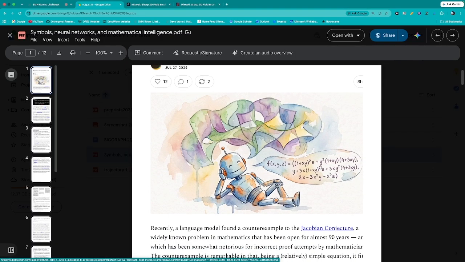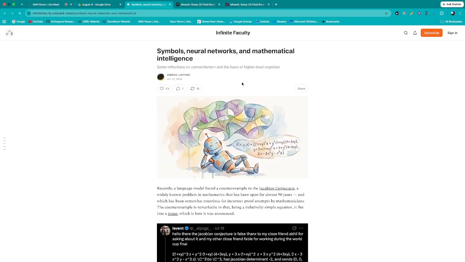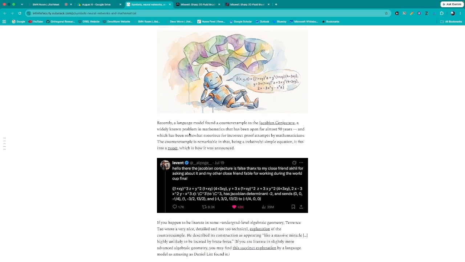And this is a little cartoon showing a robot formulating equations. Okay, so let's start off here.